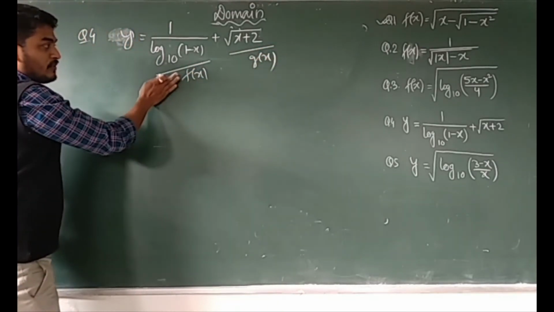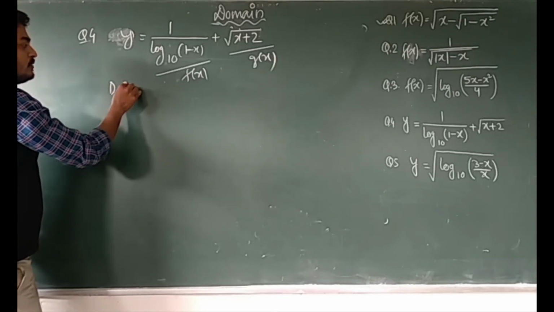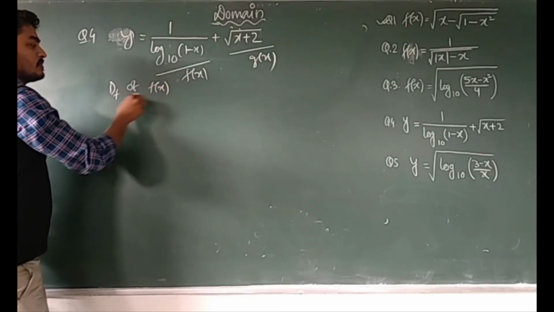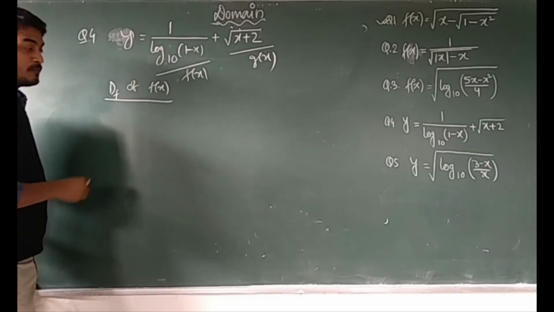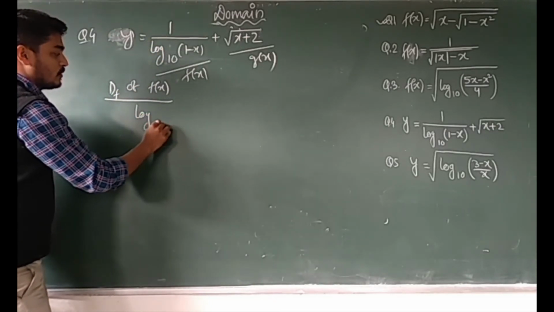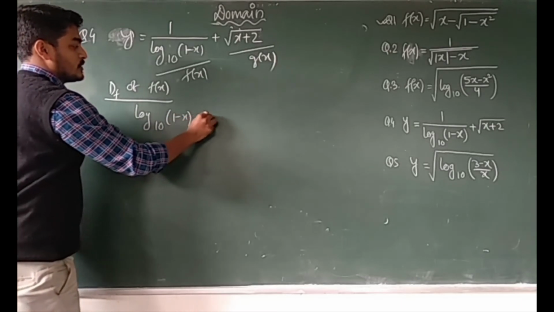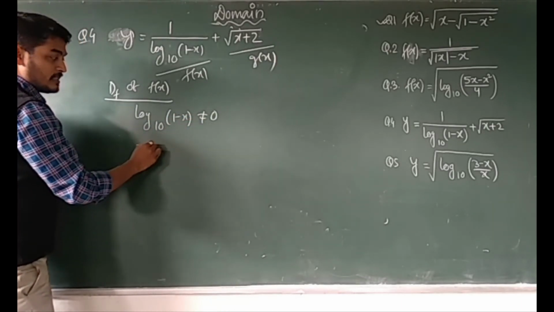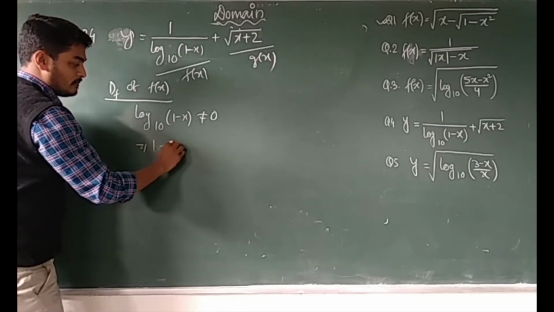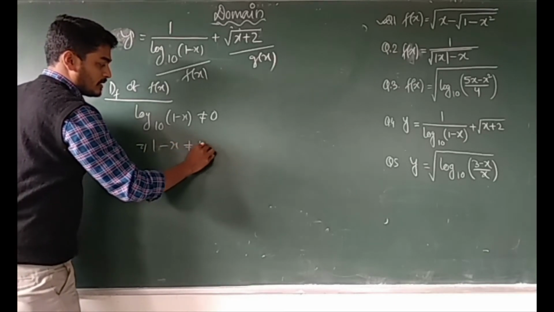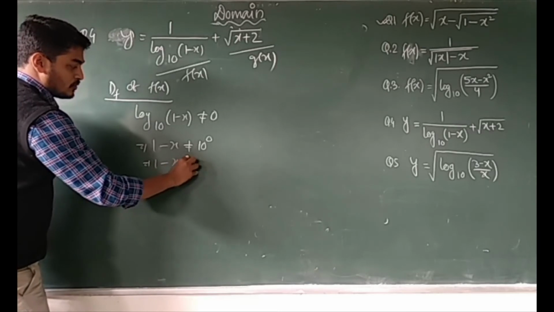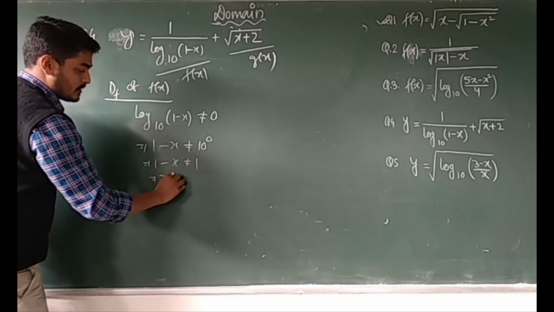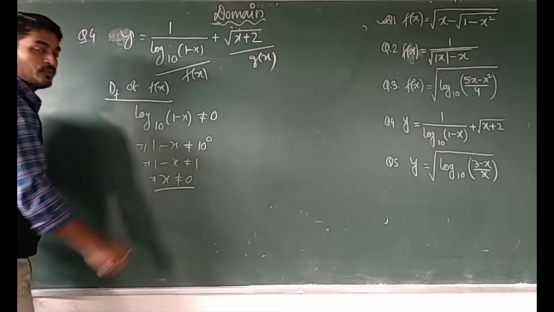First of all, we will find the domain of f of x. To define this function, the denominator should not be equal to 0. That means log to base 10 of (1 minus x) should not be equal to 0. Applying the logarithmic formula, 1 minus x should not be 10 to the power 0, that is, 1 minus x should not be equal to 1. This implies x should not be equal to 0.